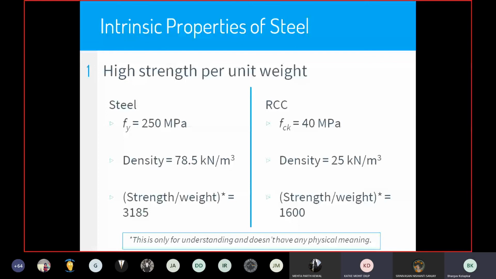Exactly. So if a lighter material can carry the same load, the sizes of the sections would be small, which means that the size of the foundation would be small, which means we would have larger effective area that can be used.